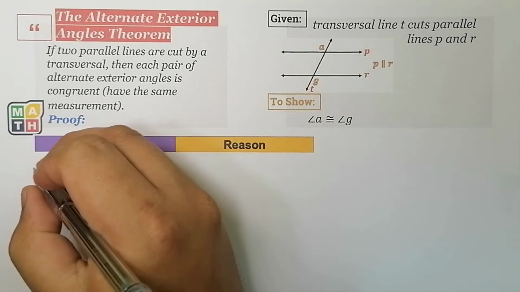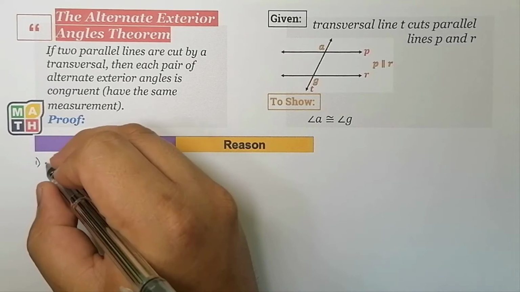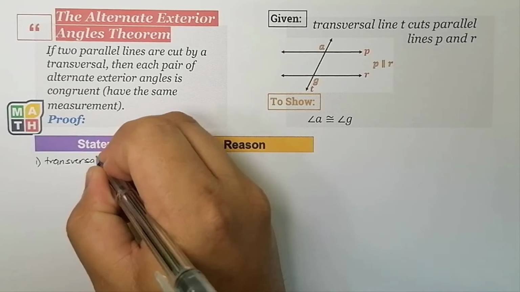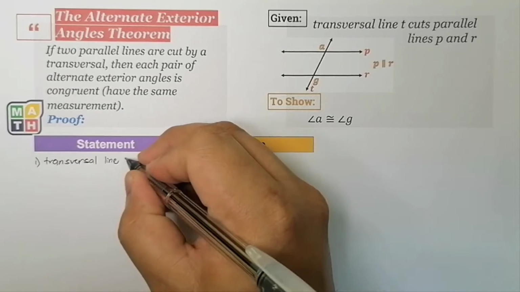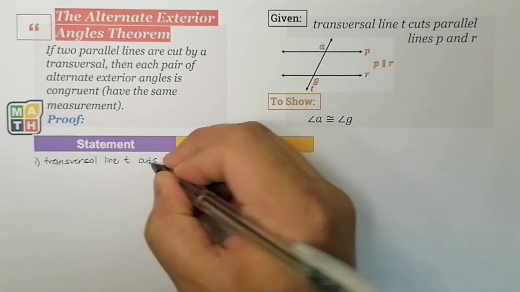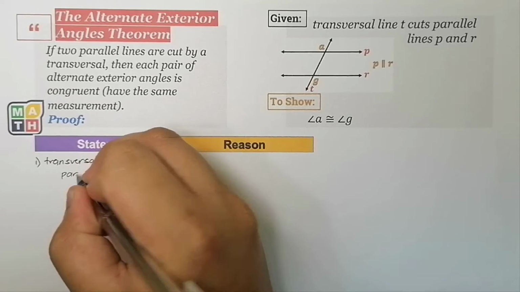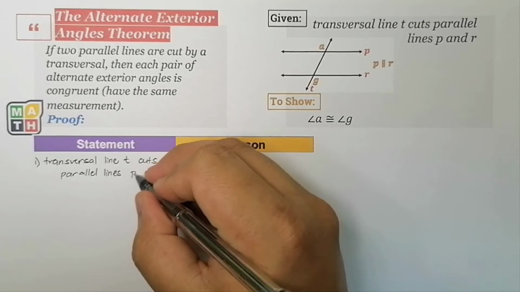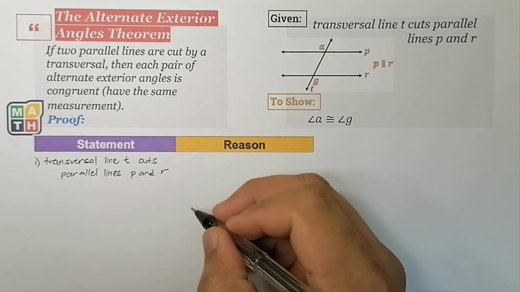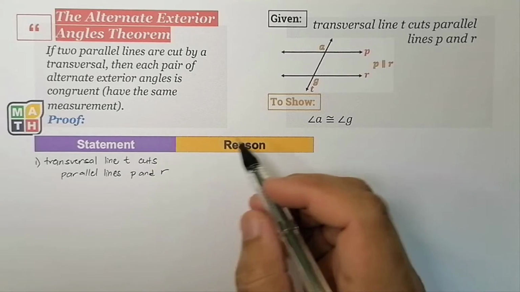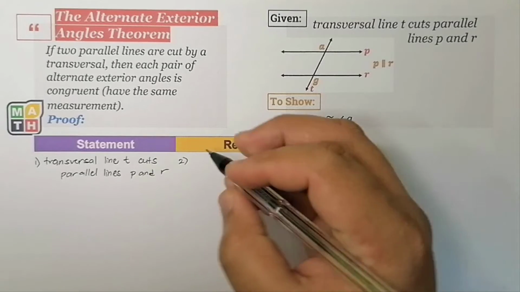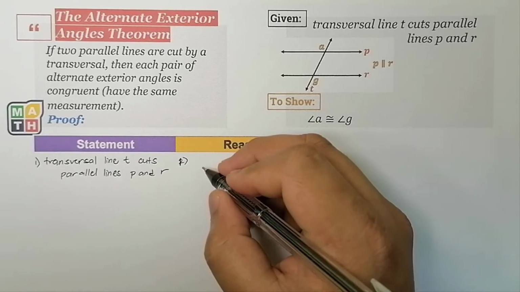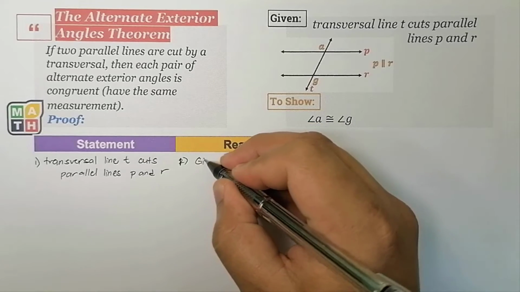So again, our first statement here is where the transversal line T cuts, passes, intersects the parallel lines P and R. Since this is given, that's also the reason for the given statement.